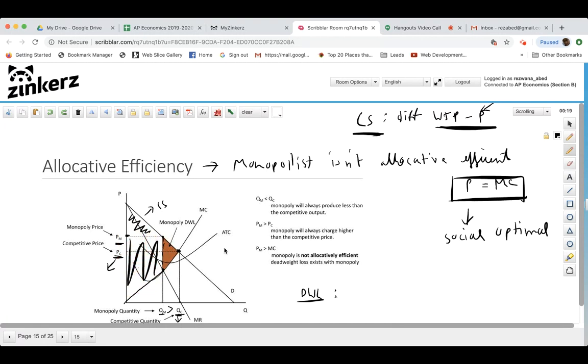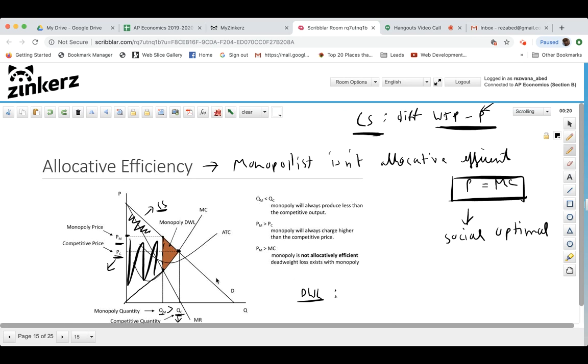So it's great for a monopoly because they capture a lot of producer surplus. It's the difference between the price that they're willing to accept and what they end up accepting. That's a great number. So for a monopolist, consumers have a lower consumer surplus, but the monopolist gains a lot of producer surplus.